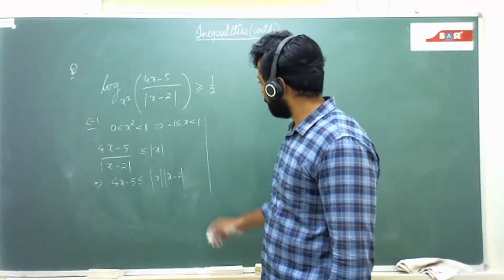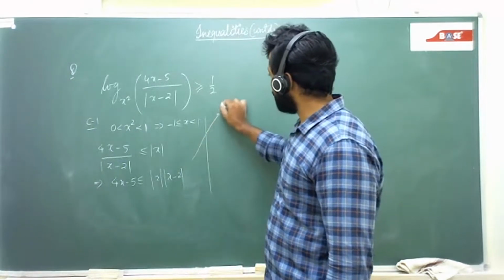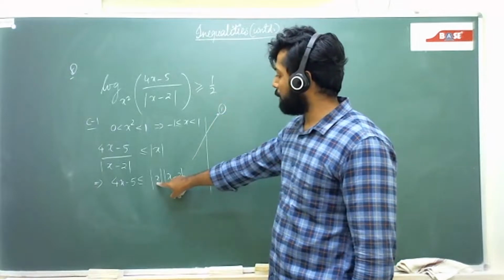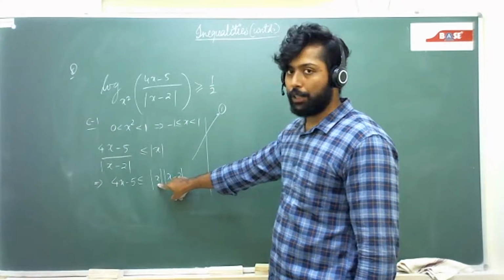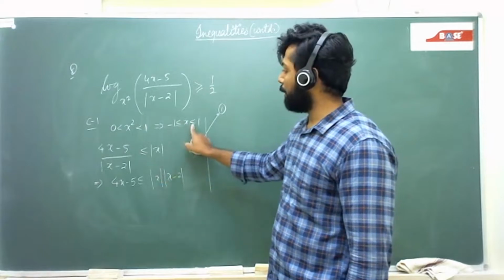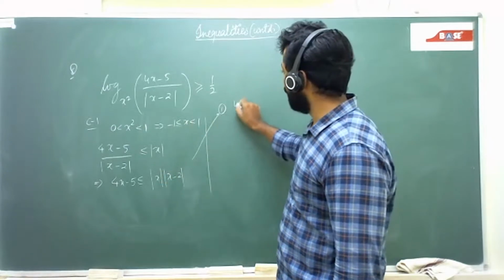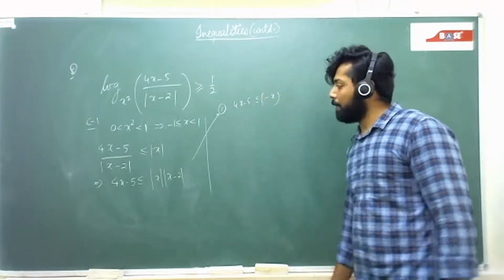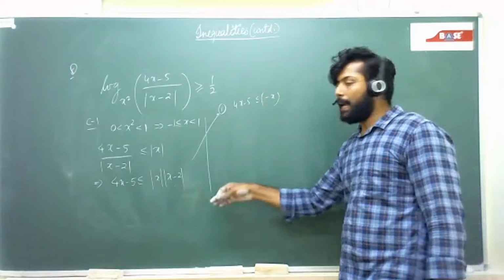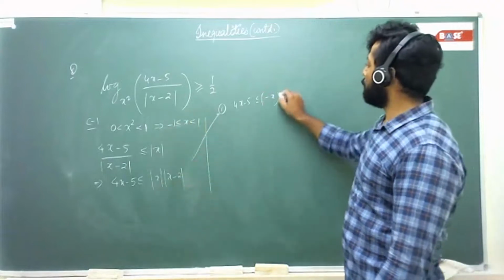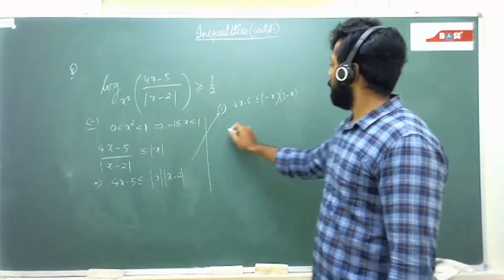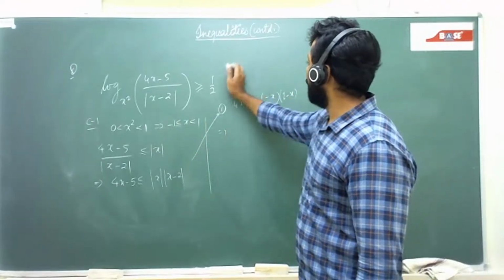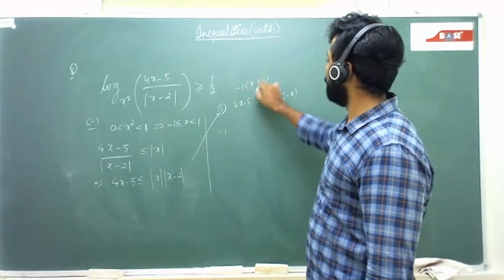From here two parts will come. First part, modulus function we have mod x, the critical point is 0. One we have left of 0, right of 0. When x is less than 0, 4x minus 5 less than or equal to minus x, and here critical point is 2. Entirely it is left side, so that means it is 2 minus x. So what we are getting here in that case is minus 1 less than x less than 0.